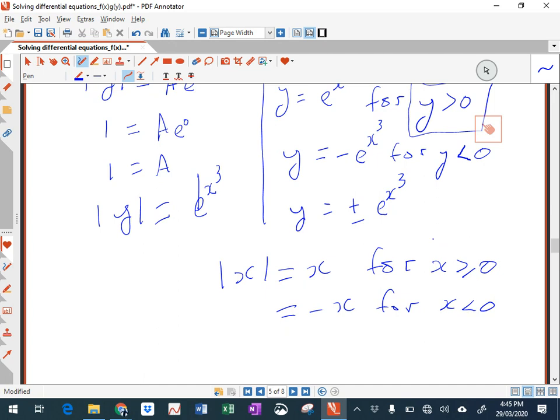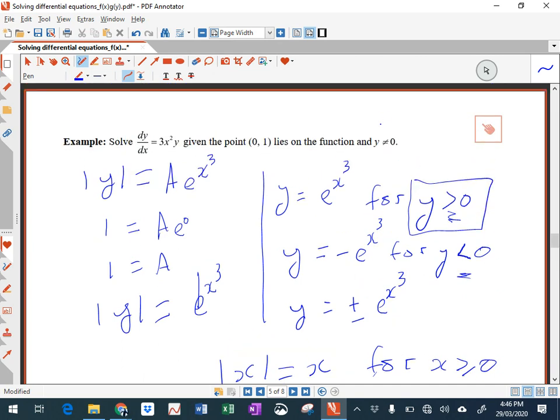So that's where I got the greater than or less than symbols over here, there, and there. So I did it from the absolute value definition. And I know some of you will be saying, yes, but you didn't do equal to 0. Yes, that's true. But if you look at the question, the question said y not equal to 0. All right, did say that.